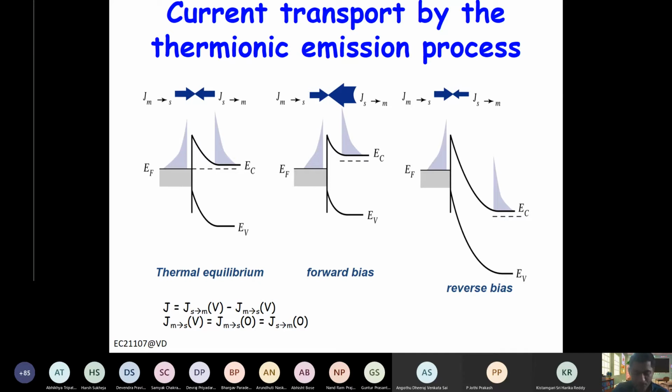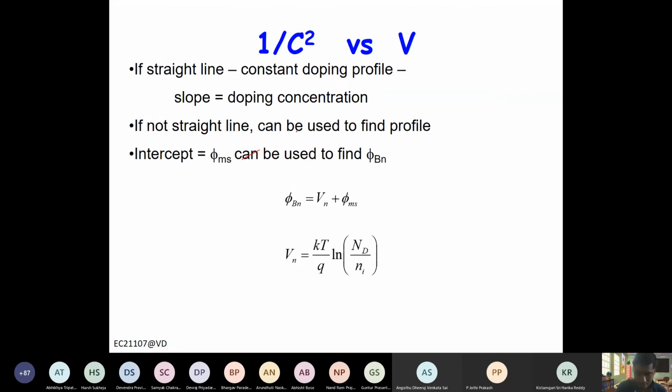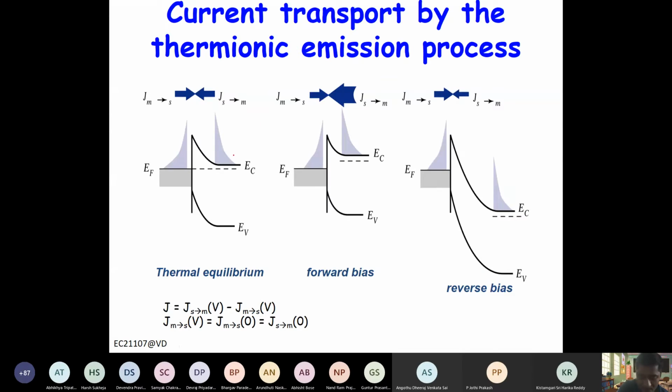This potential barrier can be changed from the semiconductor side only. So if you apply a potential, only on the semiconductor side will this barrier change. The metal side barrier, called phi b, does not change.